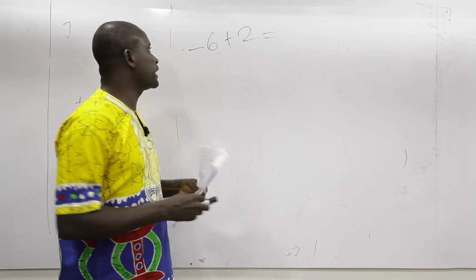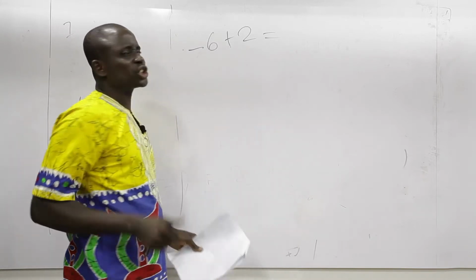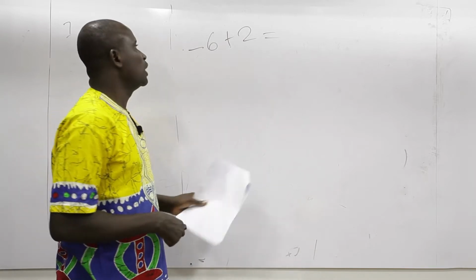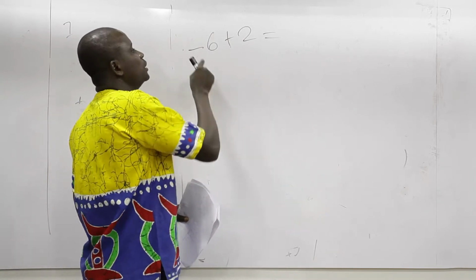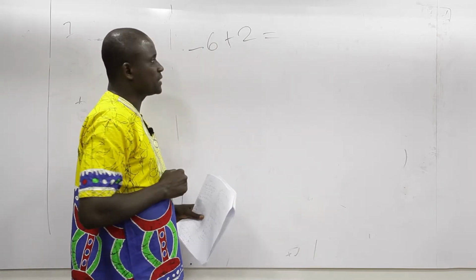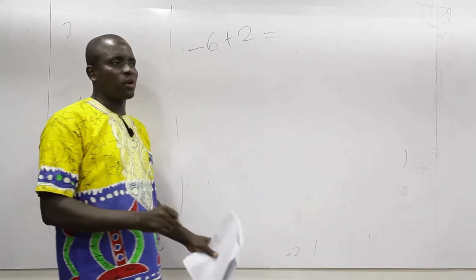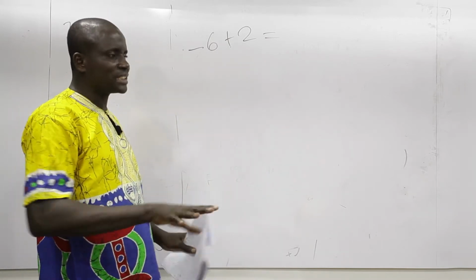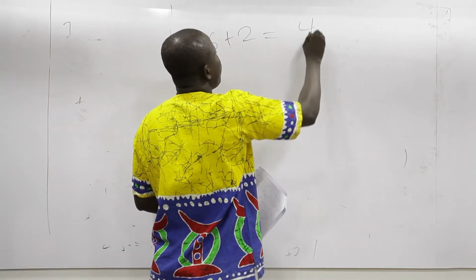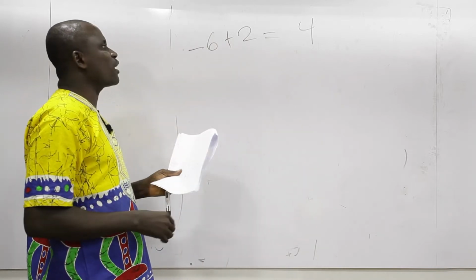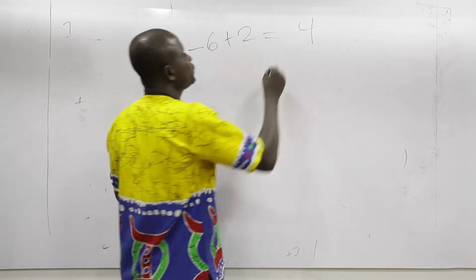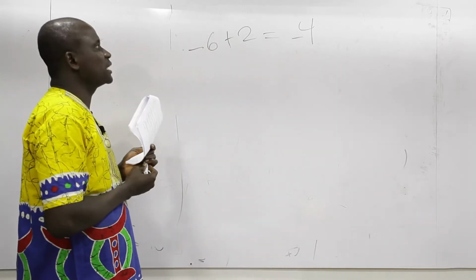Therefore, in bringing them together, you have to subtract the smaller number from the greater, then you attach the sign of the greater to it. So over here, 6 is greater than 2, right? So you subtract 2 from 6. I'm repeating. You subtract 2 from 6. Why? Because 2 is less than 6. And that will give me what? If I subtract 2 from 6, I get what? 4. Then I attach the sign of the greater number to the answer. The sign of the greater number is what? It's negative here. That's why we get negative 4.